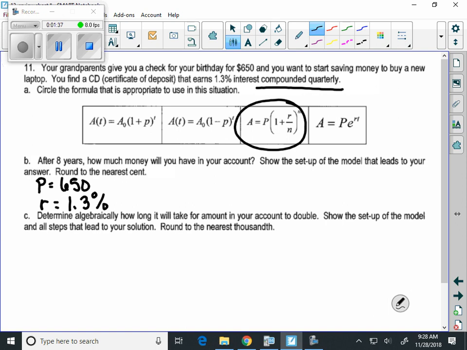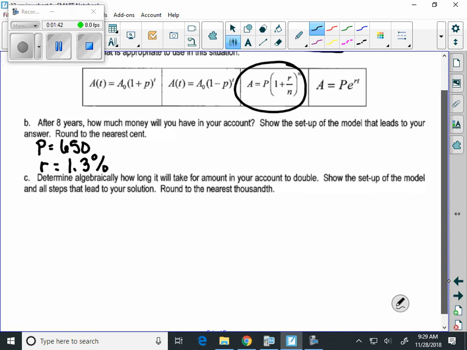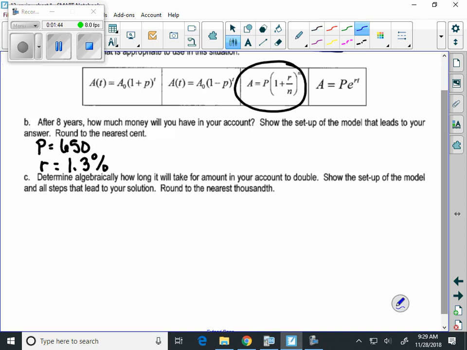Remember, this is in terms of percent, and we need to rewrite this as a decimal. So we're going to take that 1 and move it 2 spaces to the left, and that gives us 0.013 for our decimal.